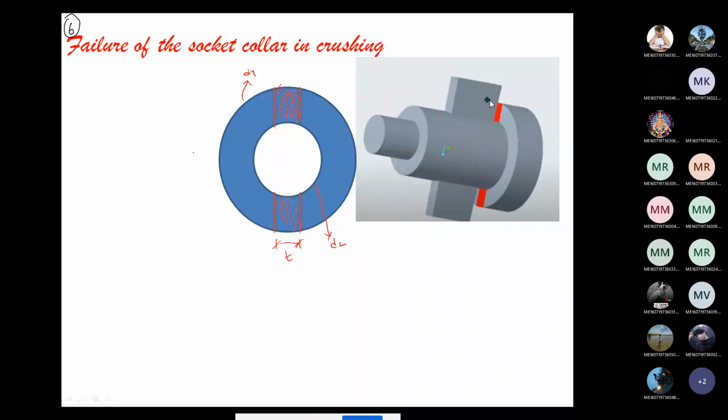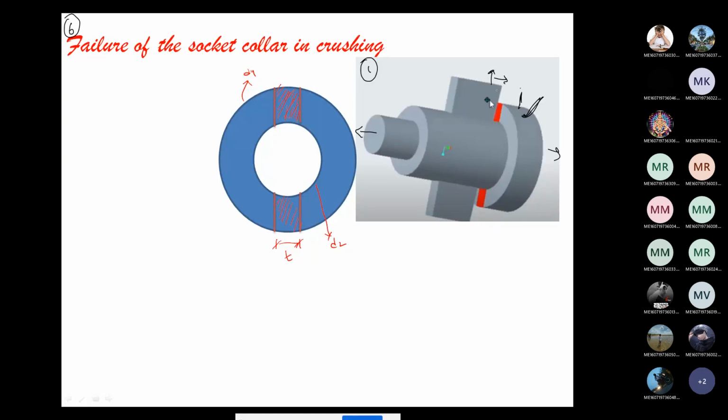See this image: due to the tensile load application, this cotter is going to hit the surface of this collar. This top portion is called the socket collar. So we are discussing the socket collar failure, right?